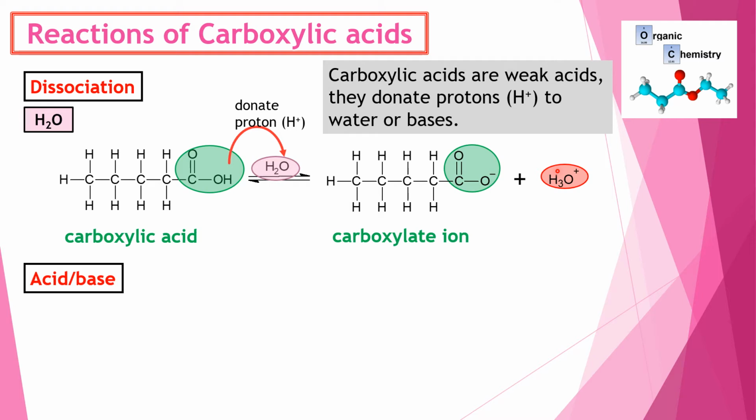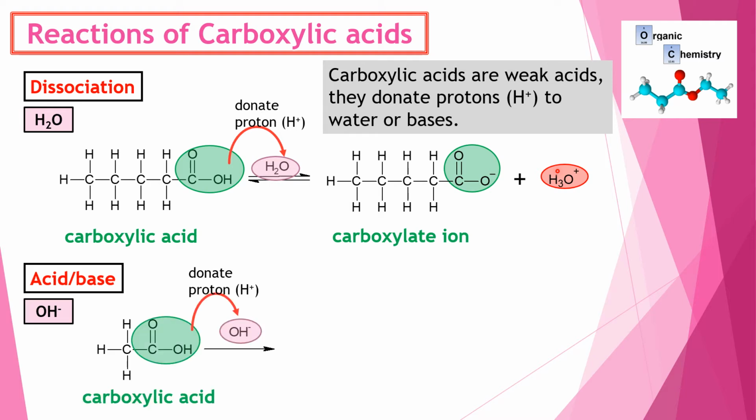Okay, acid-base reaction. Again, unlike most of the organic reactions, we do want to show what happens to both the organic product and any other product that's formed. So here, if we add hydroxide to a carboxylic acid, again, what's going to happen is this carboxylic acid group is going to donate its proton.